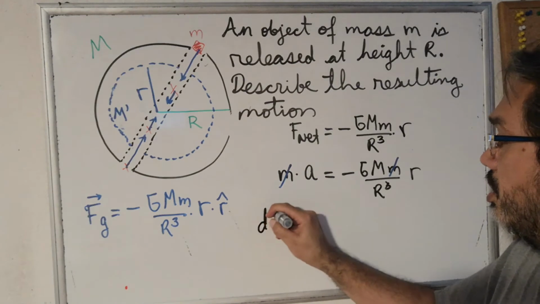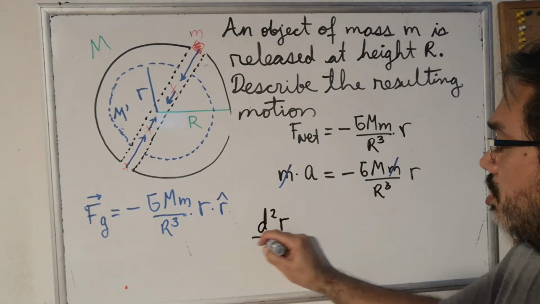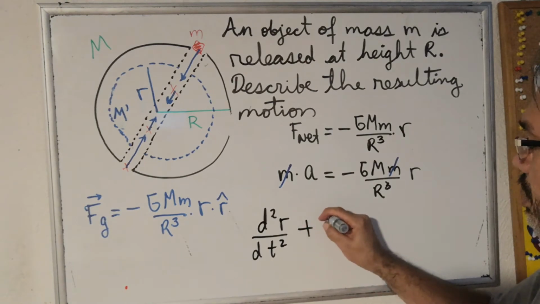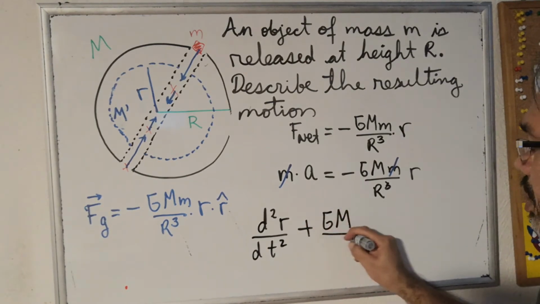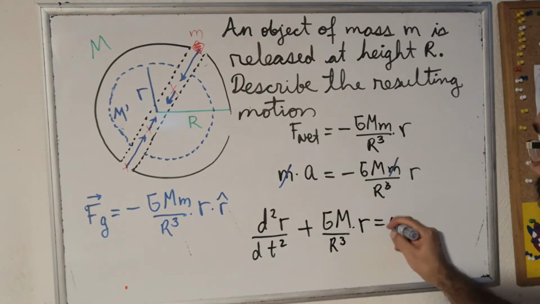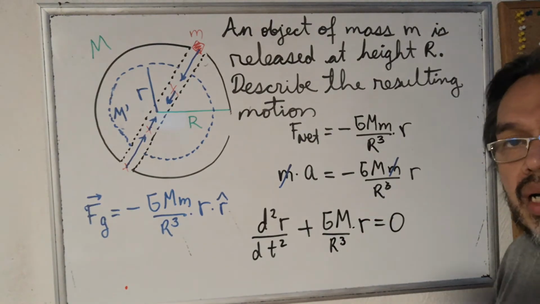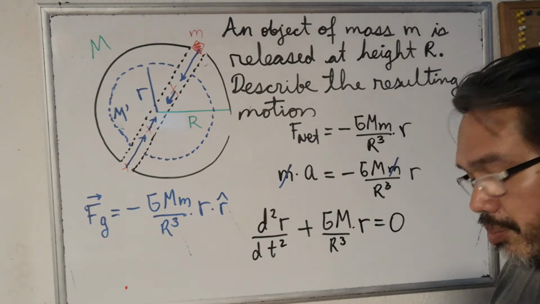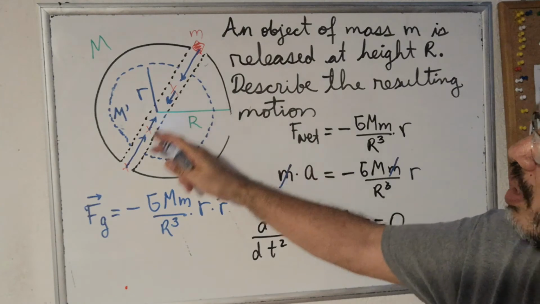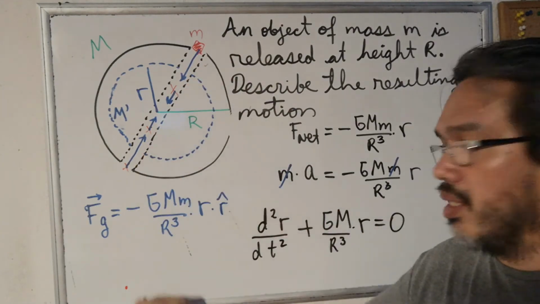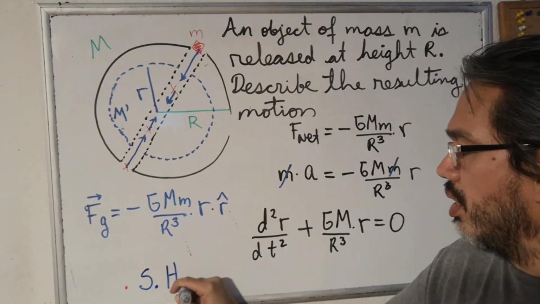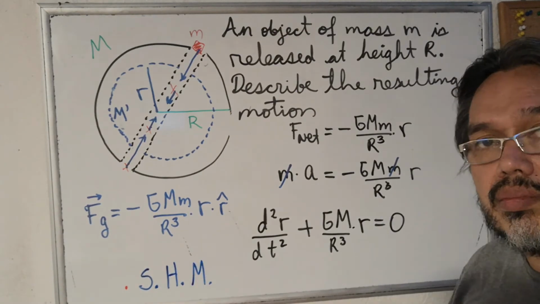The second derivative of the position relative to time plus G M over R cubed times r is equal to 0, which is, as you very well know, a harmonic equation, and that means that this object will show a motion called simple harmonic motion.